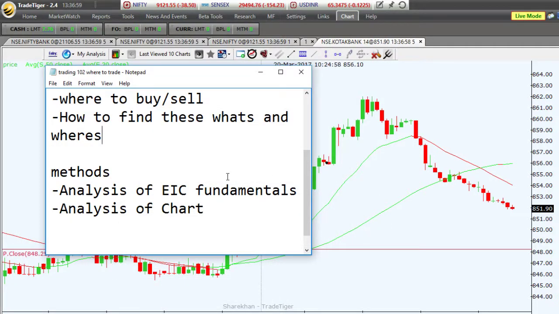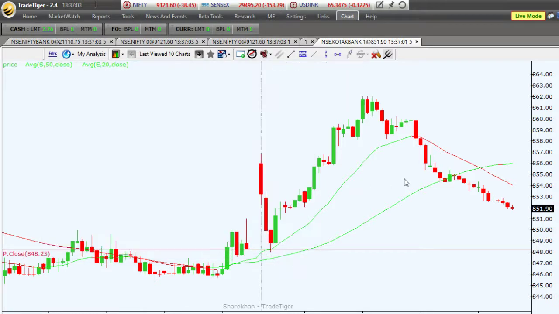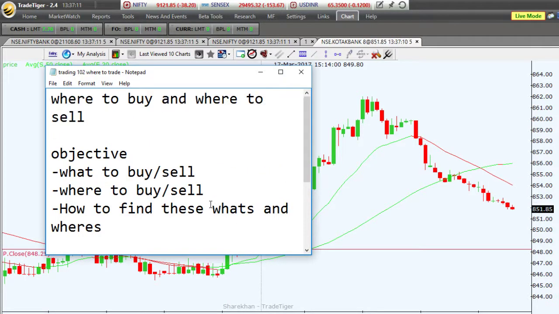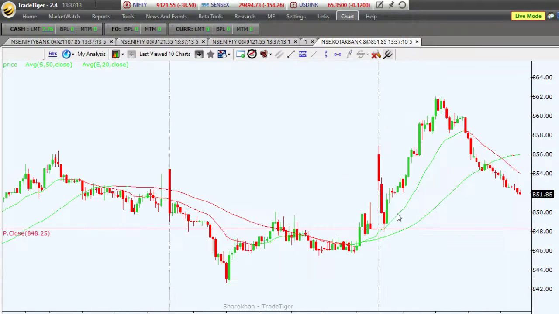So this is the fundamental approach. Next we look at chart analysis. This is also a method we can use to determine where to buy and where to sell, and it is the most important method when we are selling or buying.